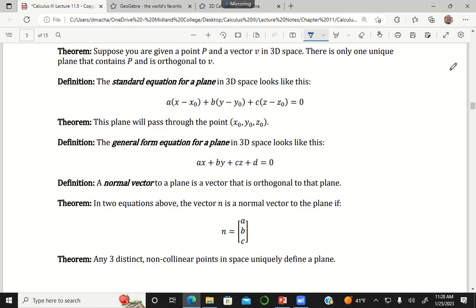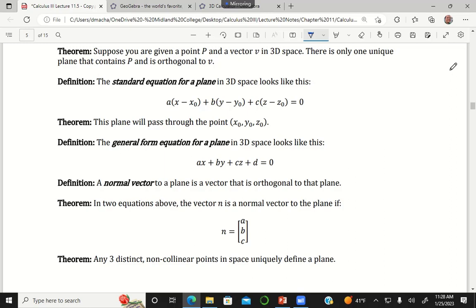So this is my plane in 3D space, right? This is my vector.